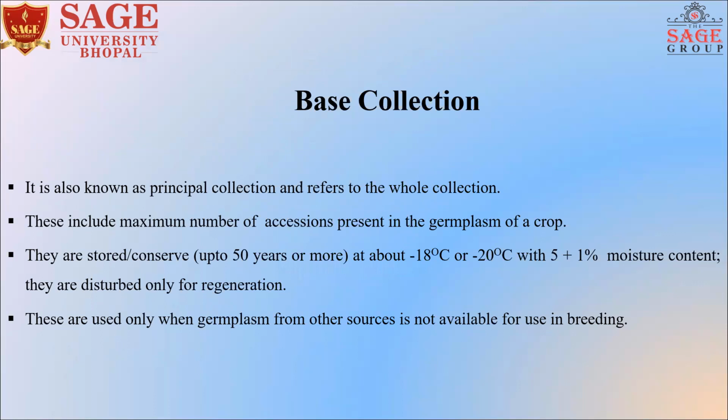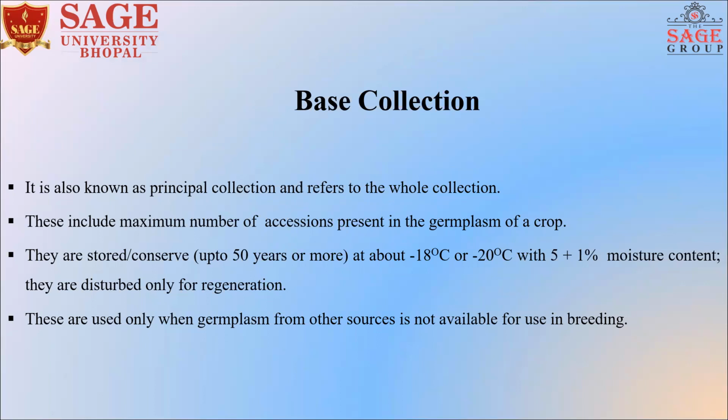This includes the maximum number of accessions present in all the germplasm or plant genetic resources of a crop. The base collection can be stored for 50 years or more, at a temperature of minus 18 to minus 20 degrees Celsius with 5% moisture content.